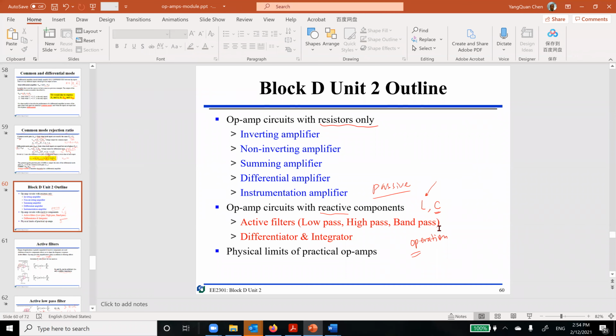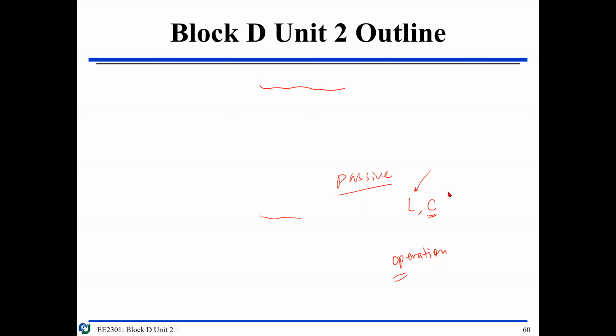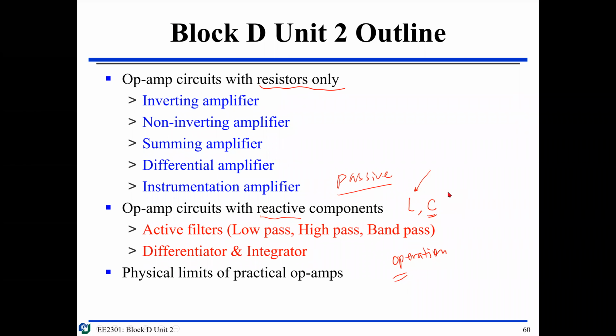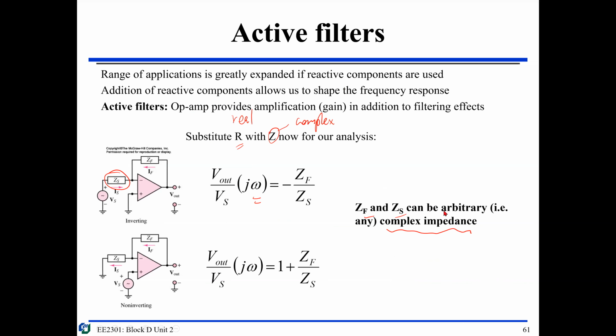Then you should have the ability to find out how they are realized. That's why in op-amp circuits, seldom do people use L. The majority of the examples use a capacitor.